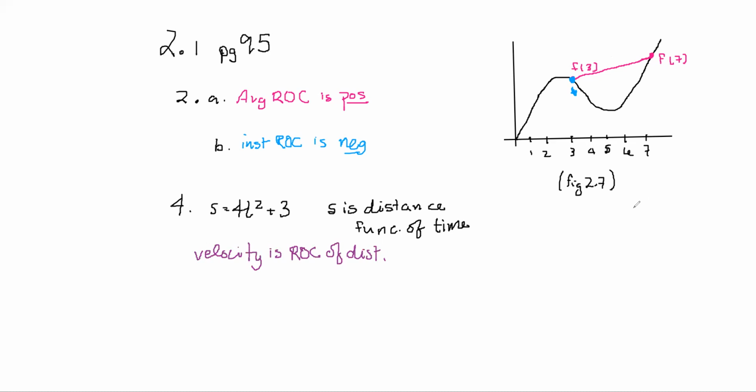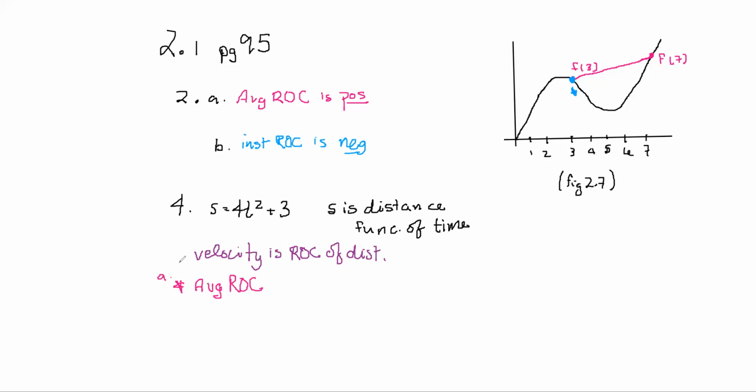So this is asking for average velocity between t = 1 and t = 1 plus h. So what it's asking us to do is to find the average rate of change.